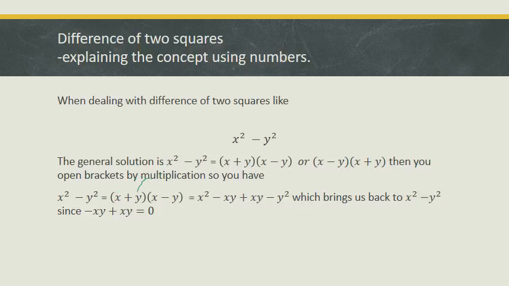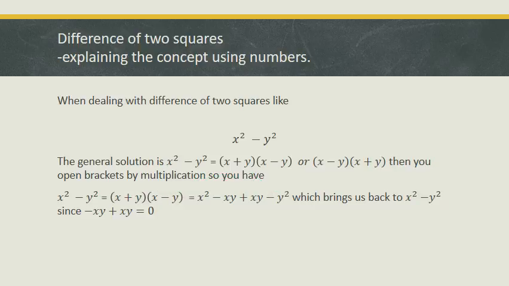Then you have y multiplying x to give you plus xy, and then you also have plus y multiplying minus y to give you minus y squared, because plus times minus is going to be minus, and y times y is going to be y squared.